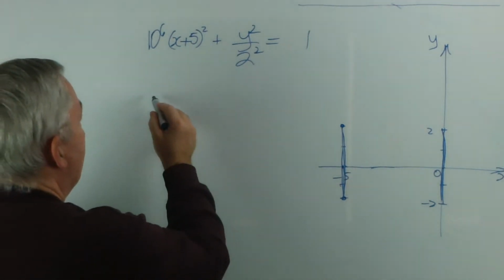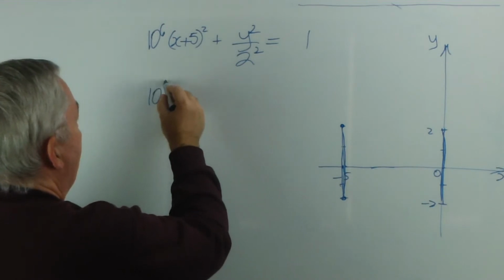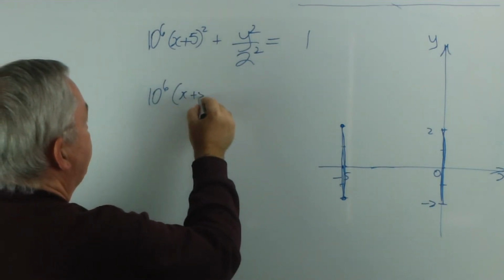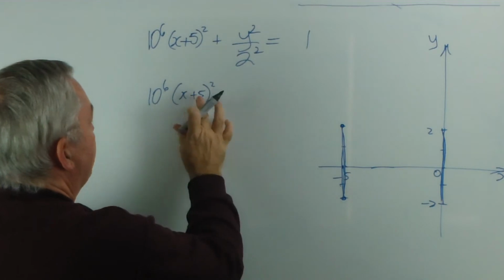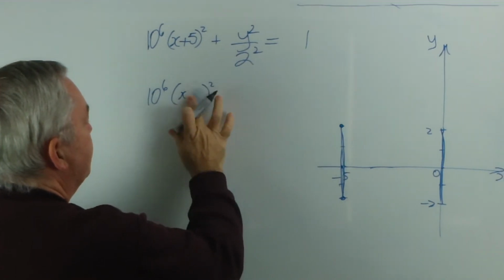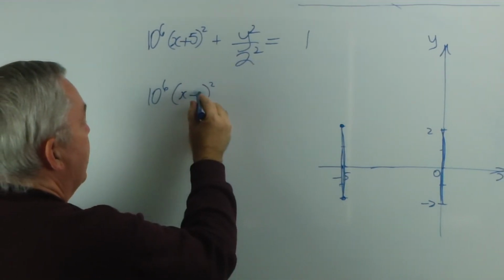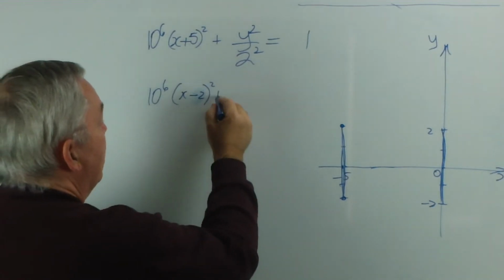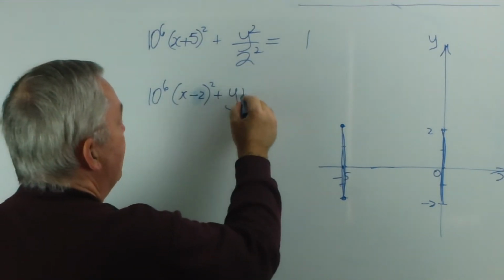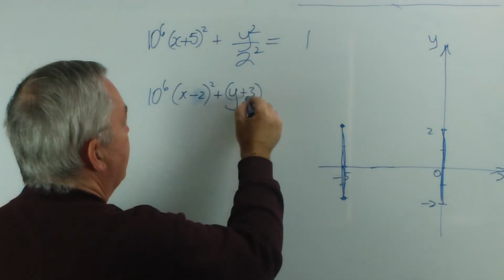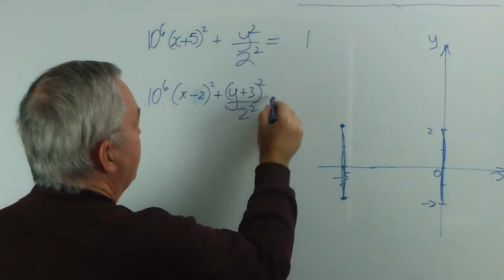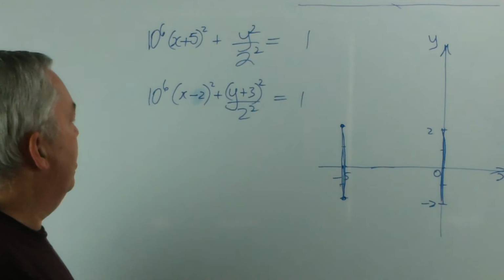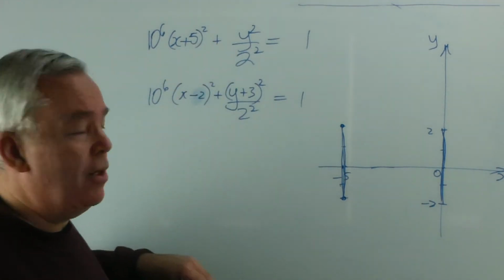Now, in a similar way, let's change this number to -2, and let's have a bit of fun and change that to +3. You can see the same basic structure of the equation.